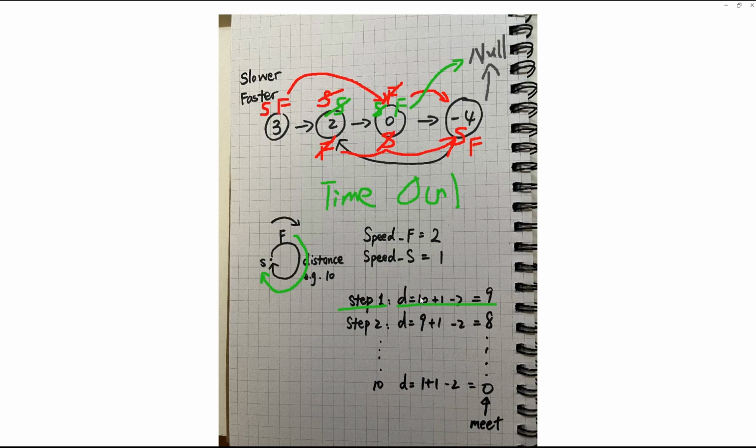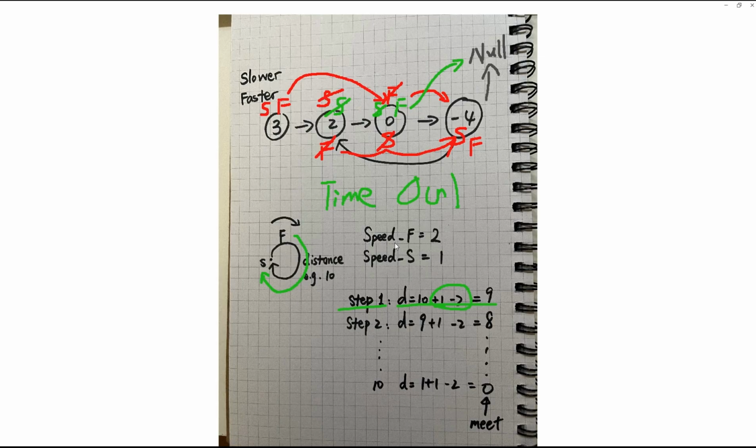So basically, in every step, the distance between these 2 pointers will be reduced by 1. After 10 steps, the distance between them will be 0 and they will meet.